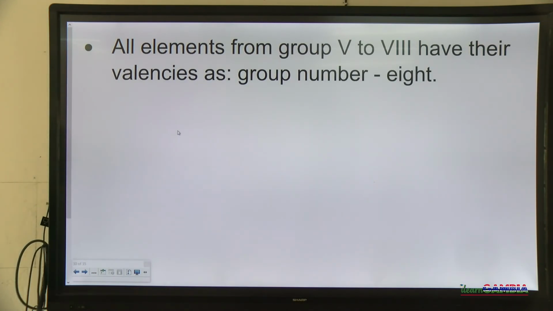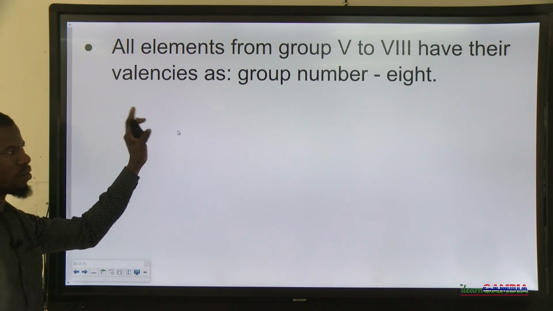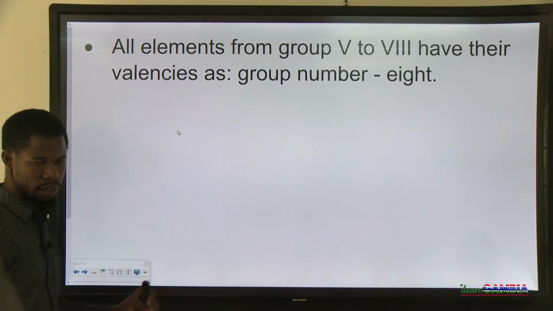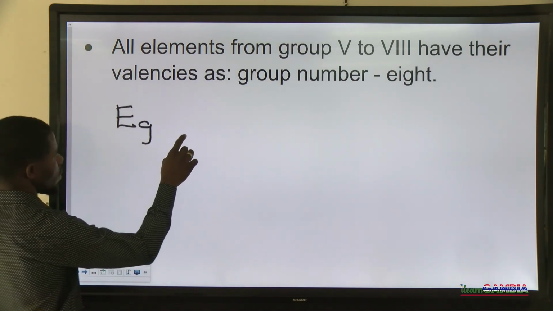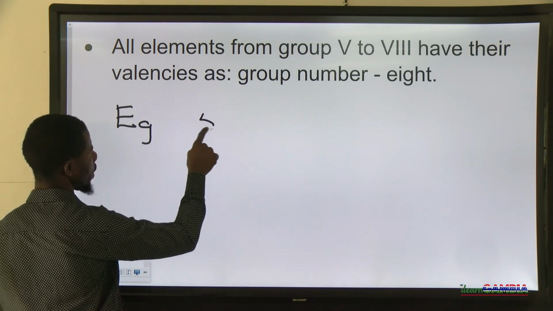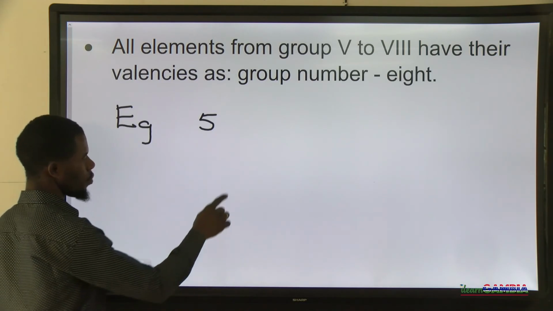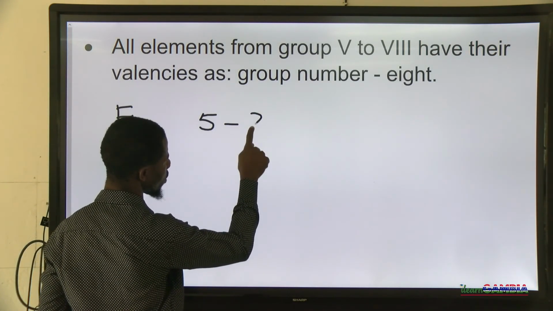All elements from group 5 to group 8 have valencies as follows. If you want to find the valency of any element from group 5 to group 8, we subtract 8 from the group number. For example, if we have an element in group 5 and we want to know its valency, we subtract 8 from 5, which is 5 minus 8.